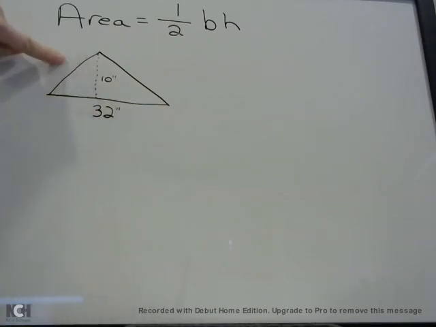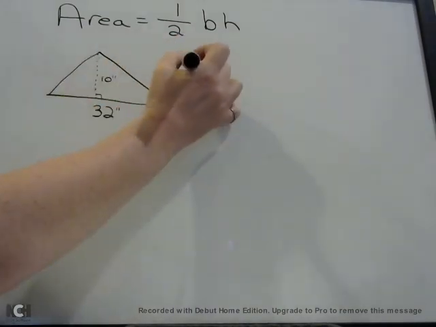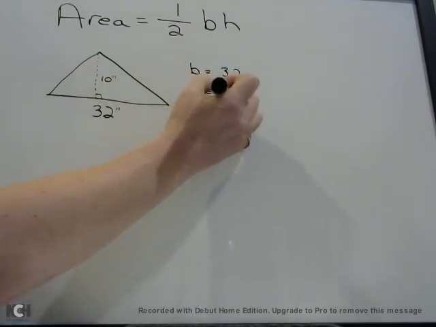But the height is not one of these legs, because remember, the height has to be perpendicular to the base. So it has to be a 90-degree angle. And so what they'll do, if they're drawing you a picture, is put it as a dotted line, and usually draw the square there, and that means that that is a line that is perpendicular to this line. So here, the base, B, is 32, and the height is 10.